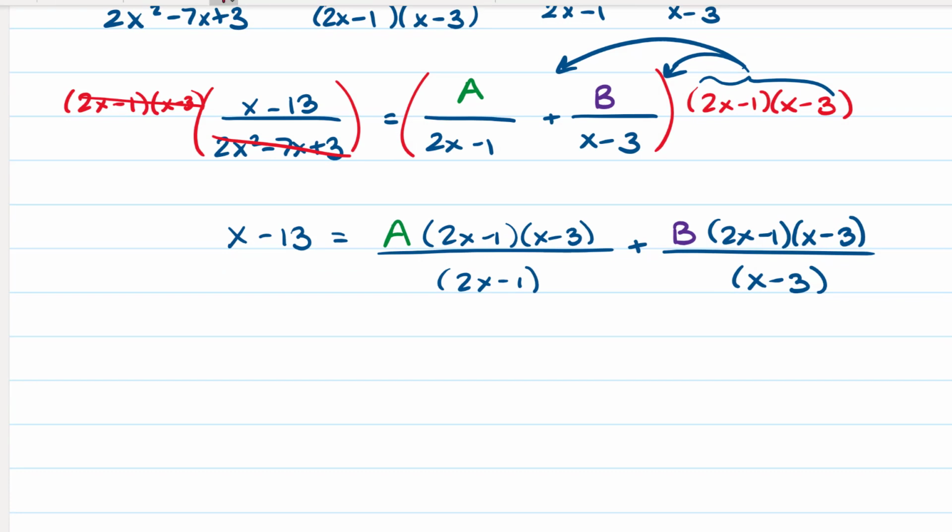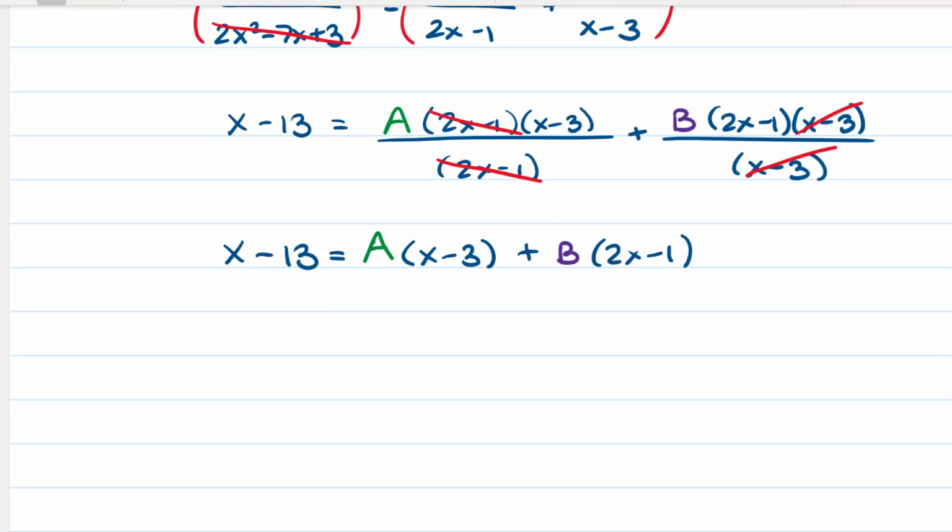So notice that in the first term, the 2x minus 1's cancel, and in the second term, the x minus 3's cancel. So now I'm left with x minus 13 is equal to a times x minus 3 plus b times 2x minus 1.